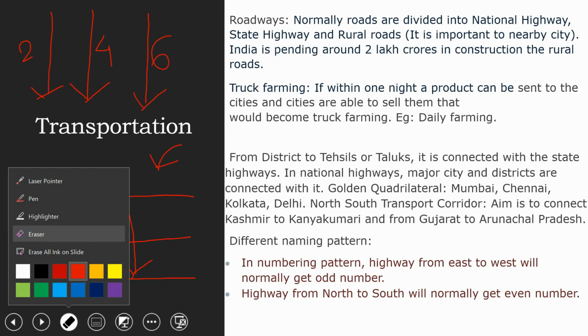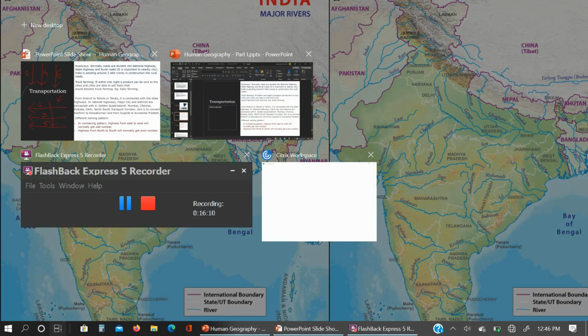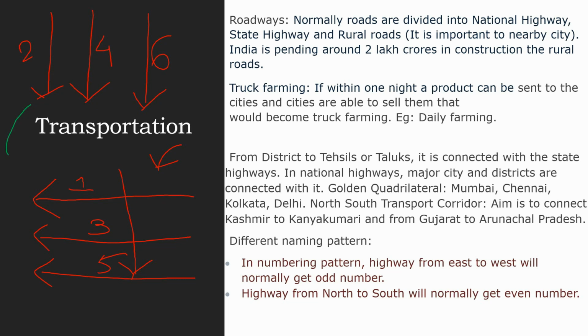Let me change the color of the pen. If you see this one, this will be west to east or east to west. So the numbering pattern may be 2, 4, 6 in this way.